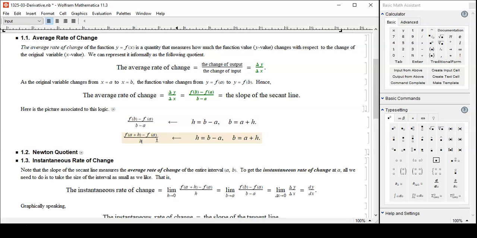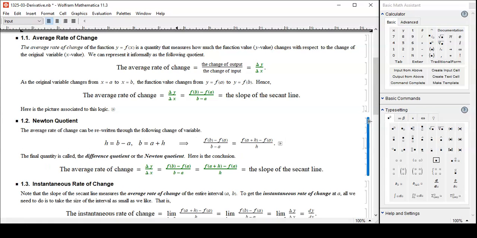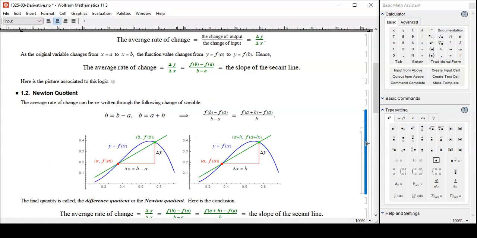Consequently, this and that are the same. This quantity here is called the average rate of change, and this quantity here is often called the difference quotient or Newton quotient. As you can see from this visualization, they actually mean the same thing. You have two identical pictures, two identical slopes, but labeled differently.